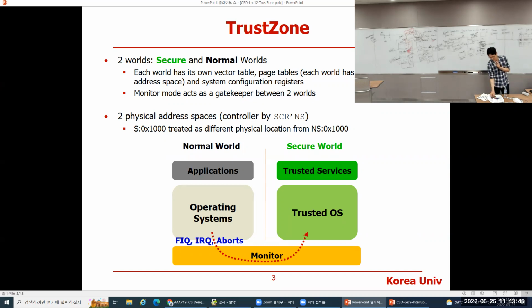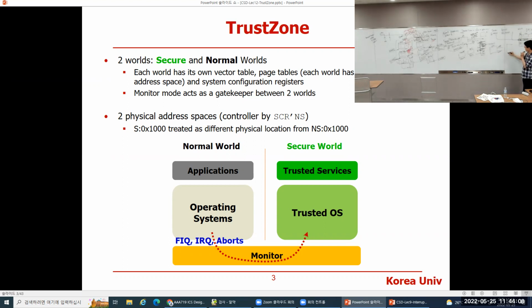Okay, yes. So the NS bit. Physically you can think of everything as an address. The CPU is generating a 32-bit address. Then AxPROT is indicating the world.